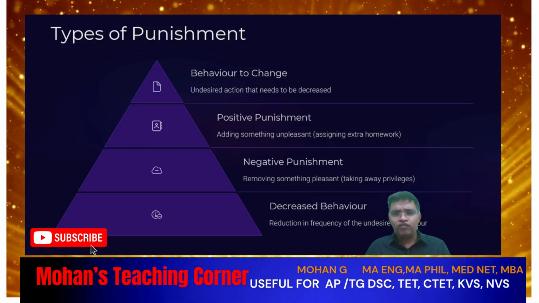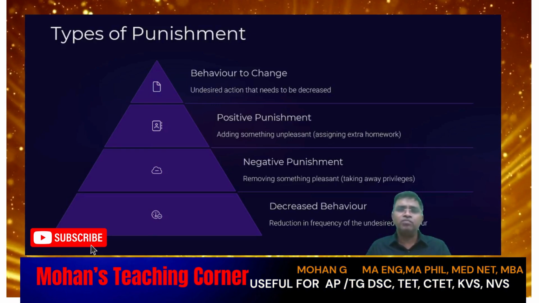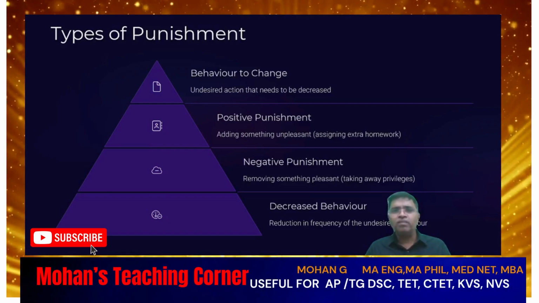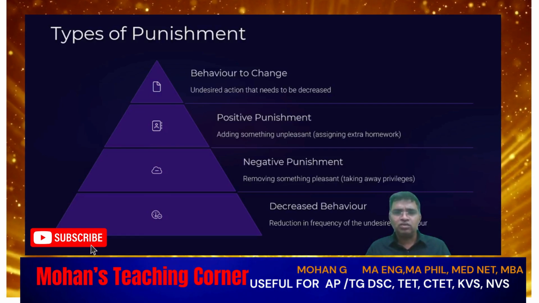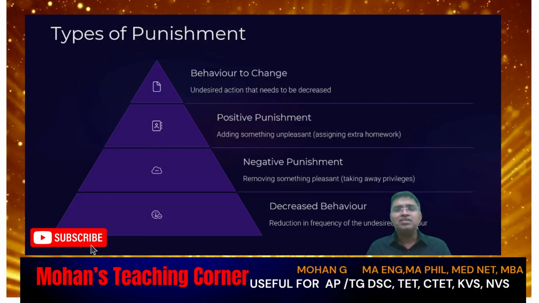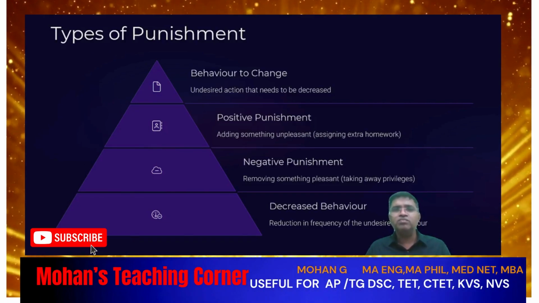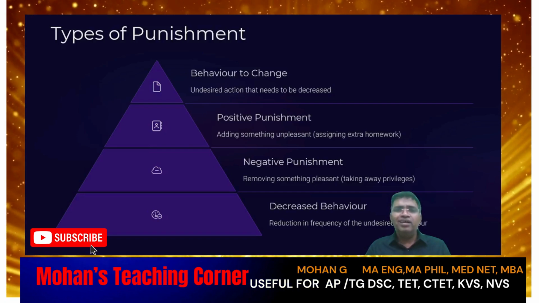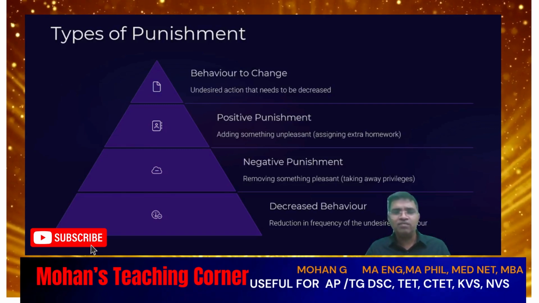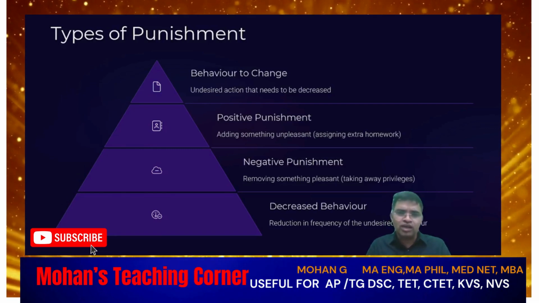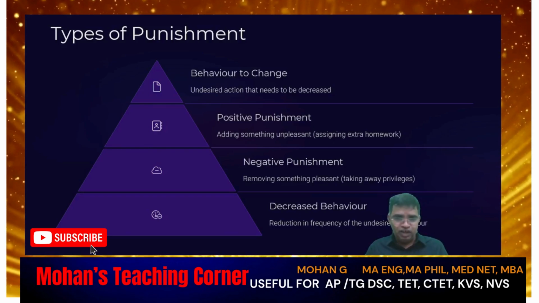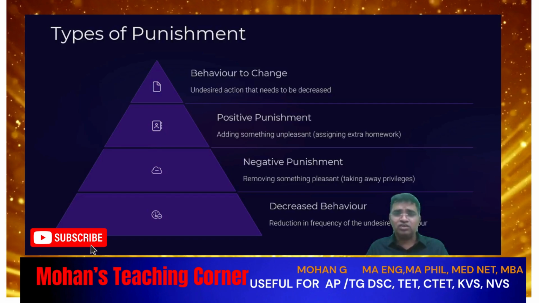Now types of punishment. There are different types. Why do we have to punish? To change behavior: positive punishment and negative punishment decrease behavior. Undesired behavior is an action that needs to be decreased. If the behavior is not acceptable in society or in the classroom, it needs to be changed.